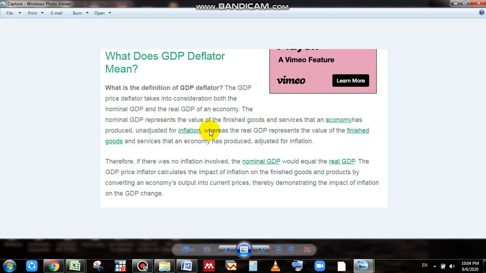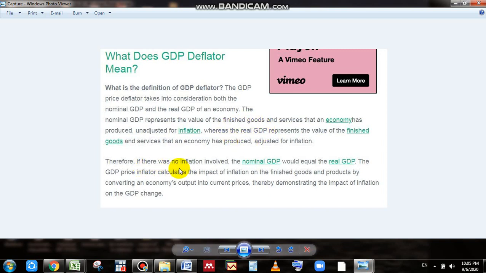Nominal GDP represents the value of the finished goods and services that an economy has produced, unadjusted for inflation, while real GDP represents that value adjusted for inflation. The impact of price change is not removed in nominal GDP, while the impact of changes in prices in the economy is removed in real GDP.